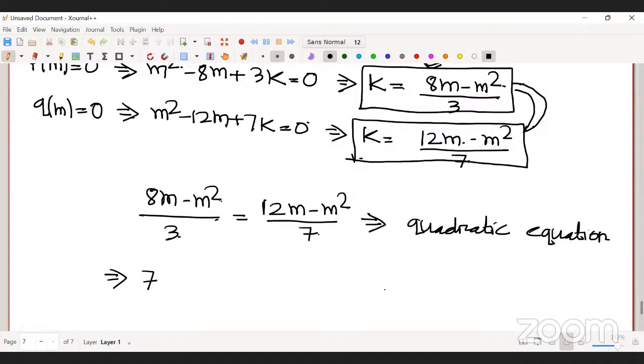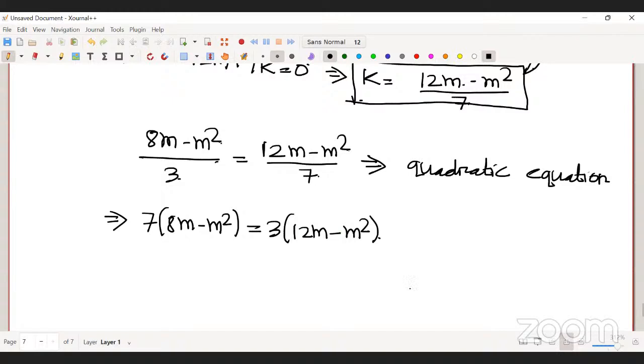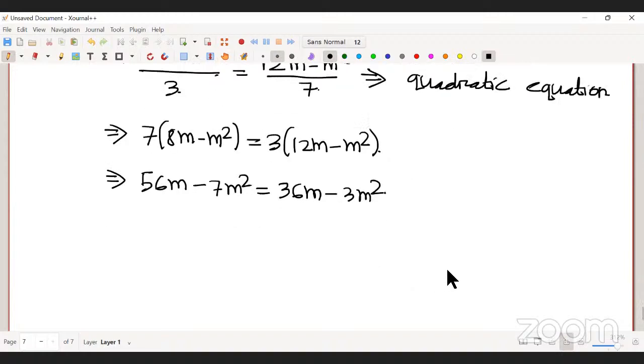So 7 times 8m minus m square is nothing but 3 times 12m minus m square, and so this is nothing but 56m minus 7m square, which is 36m minus 3m square, right?